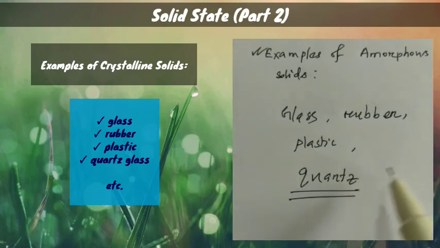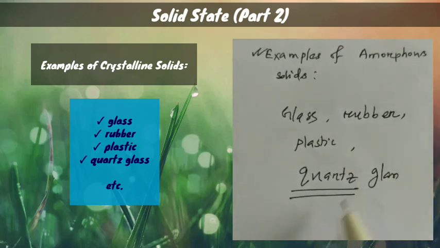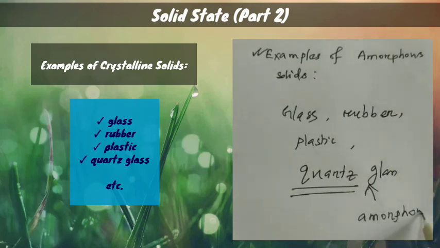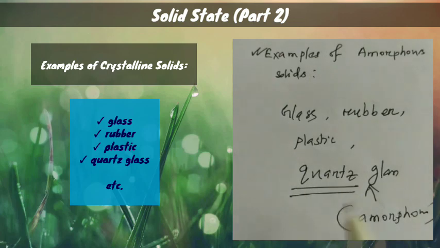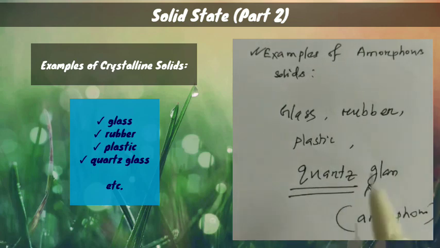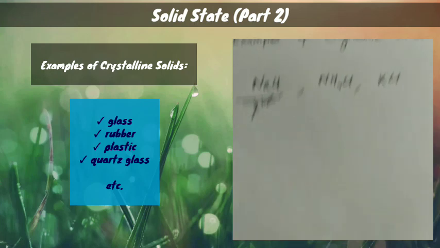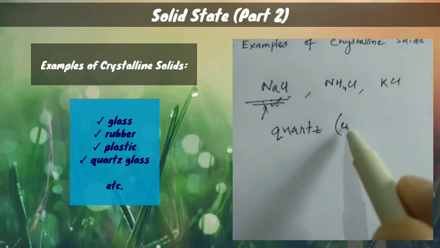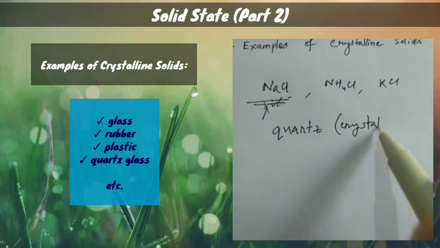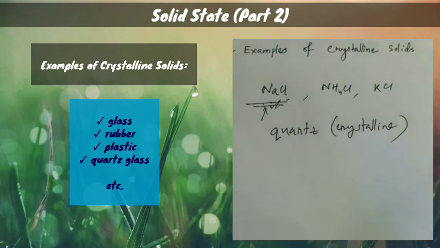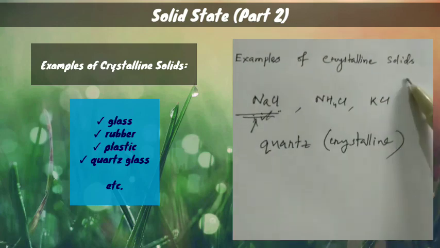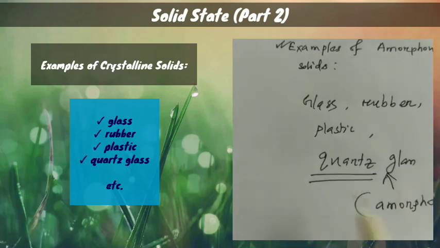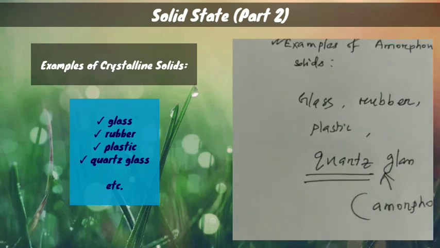Quartz glass is amorphous, so quartz glass is an example of an amorphous solid, but quartz also has crystals. Quartz crystal is crystalline. So it can exhibit crystalline nature or amorphous nature, and the glass of quartz is an amorphous solid.